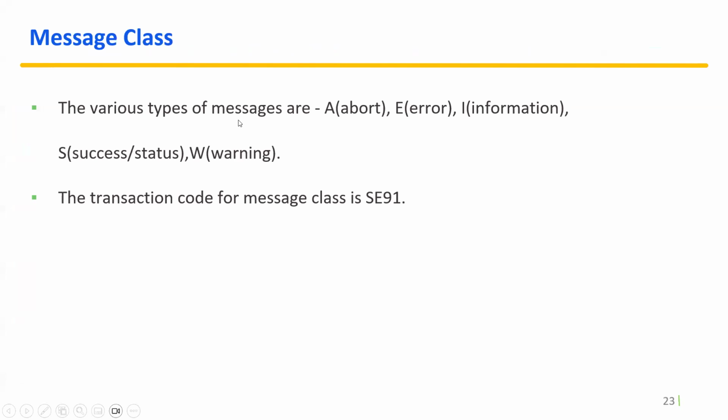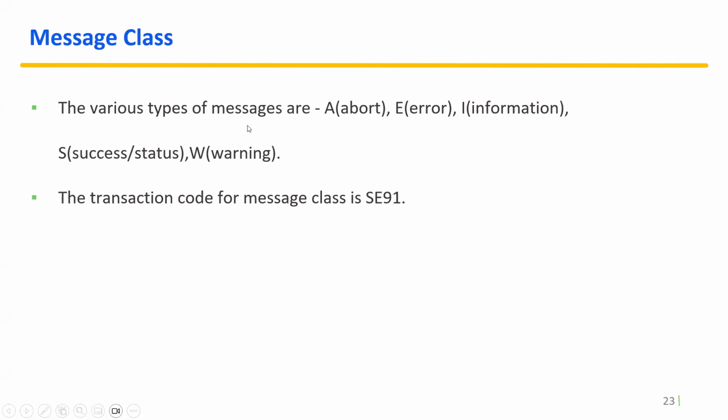So these are the messages we have in ABAP. If we want to display any message to the end user, mostly we use error, information, and success. We don't use abort and warning. But whenever we create any object, we will see these kinds of message types.